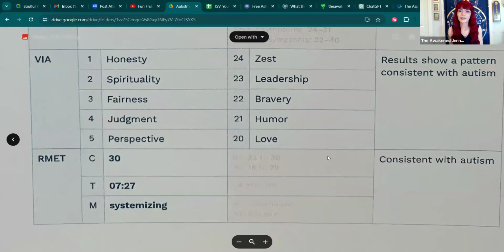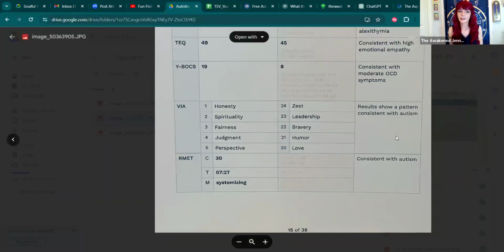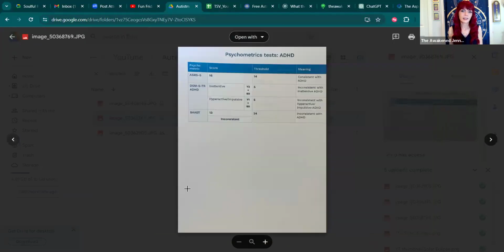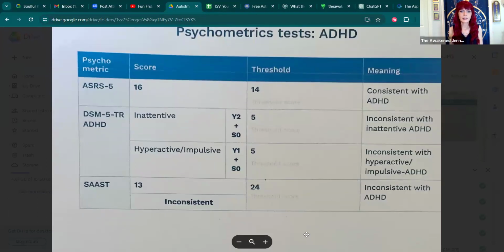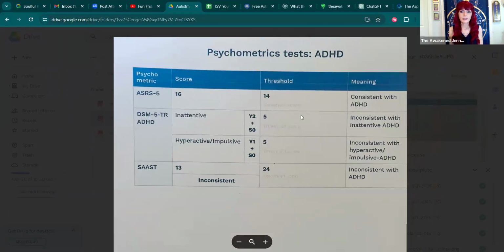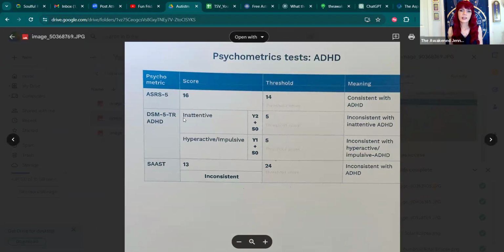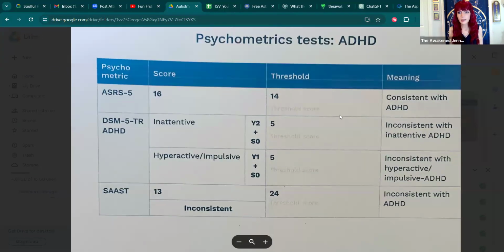All right. Now let's go to this last one here. So this was the ADHD test. I was confused by this because it says consistent with ADHD, but then I also got, this is for the DSM-5 for ADHD, and I got inconsistent.